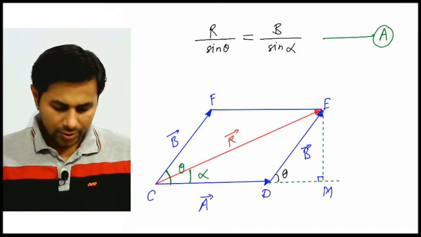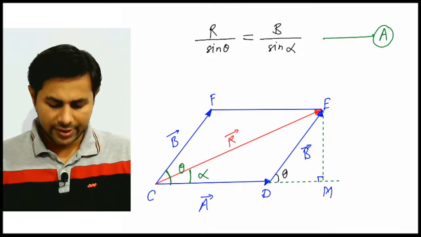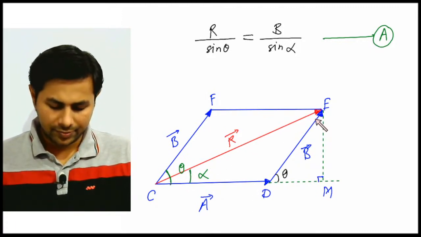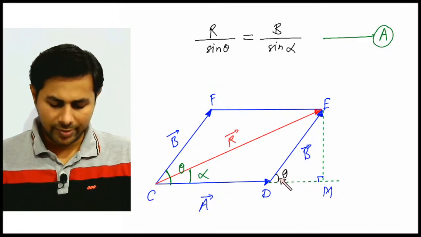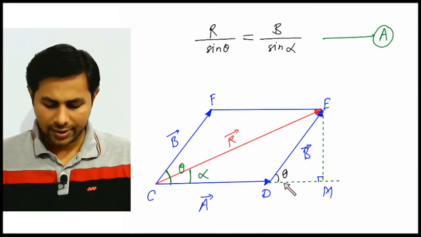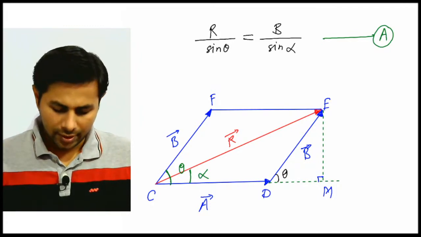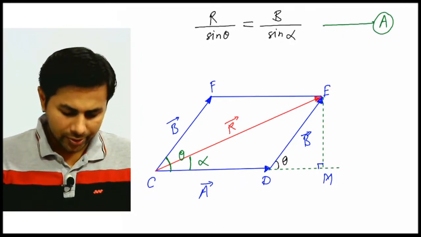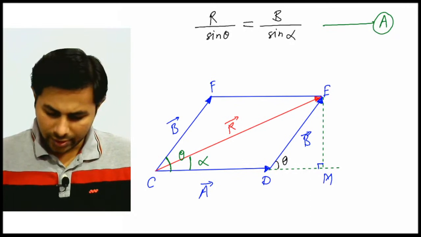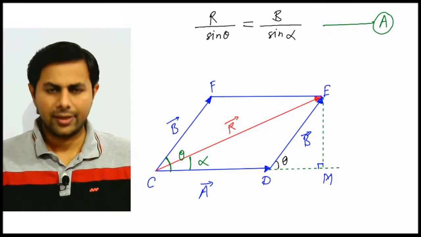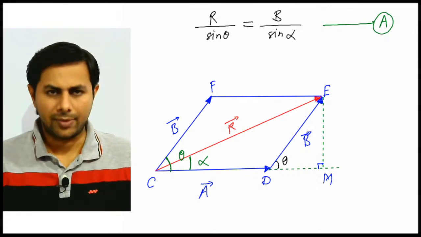In equation A, we related the magnitude of vector R and the magnitude of vector B with these angles theta and alpha. Now let's suppose this vector B makes an angle beta with R bar.